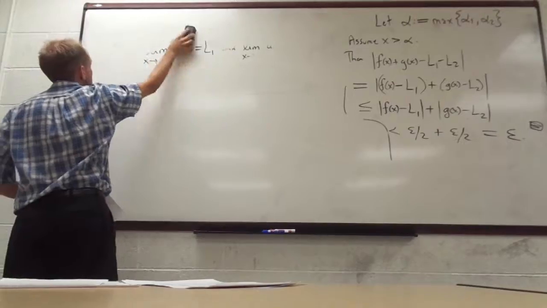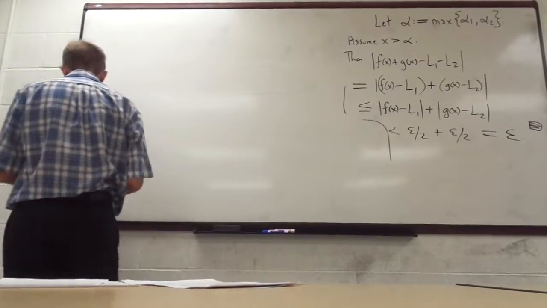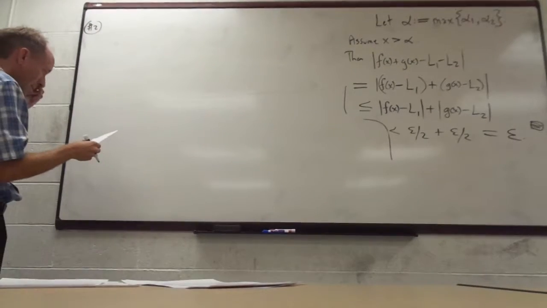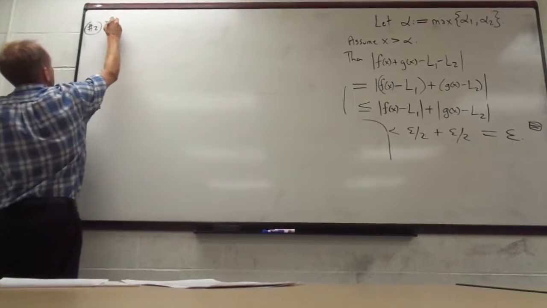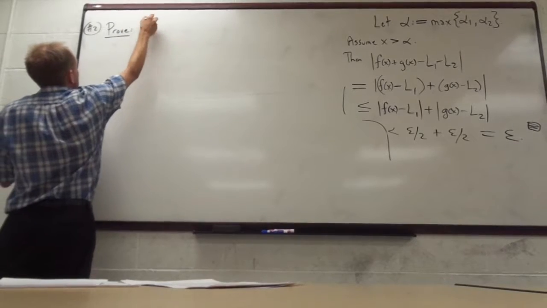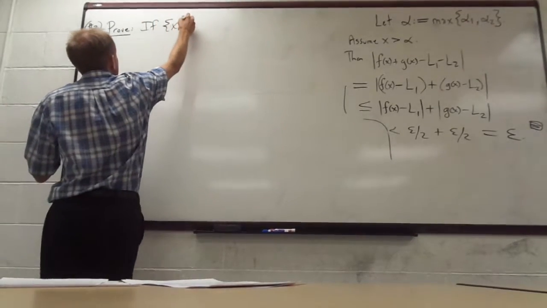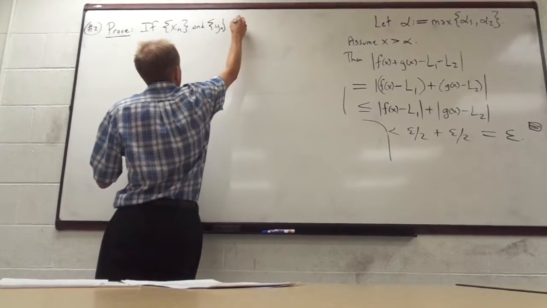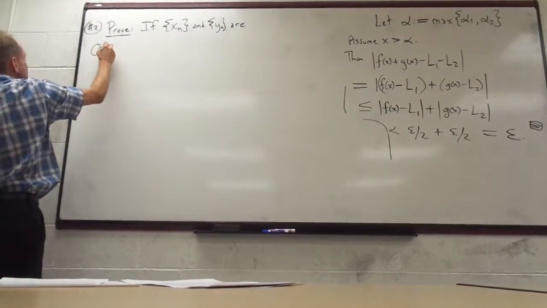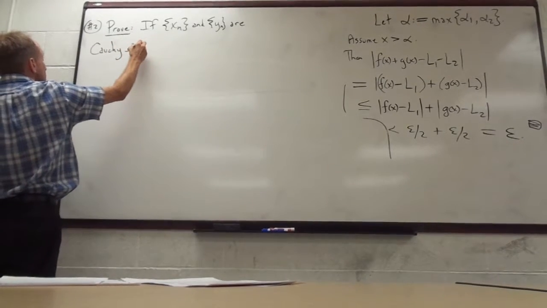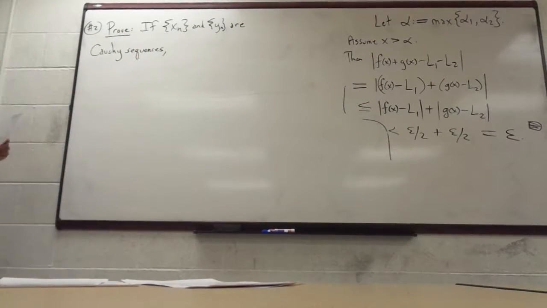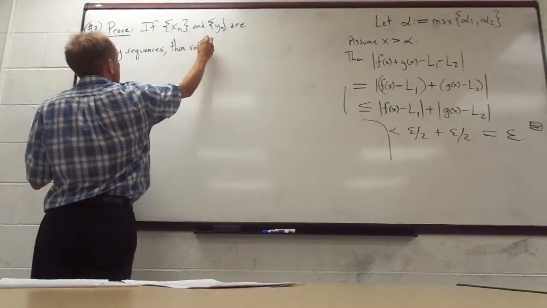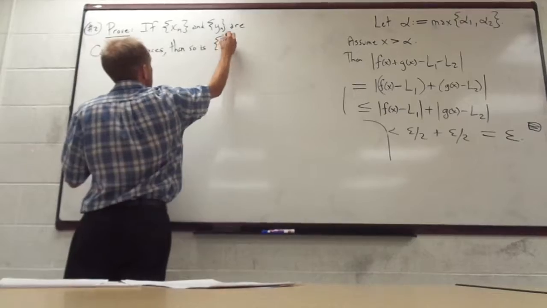Let's take another example here. See how this one goes. So number 2. Prove: if xn and yn are Cauchy sequences, say we take 2 Cauchy sequences, then so is xn times yn.